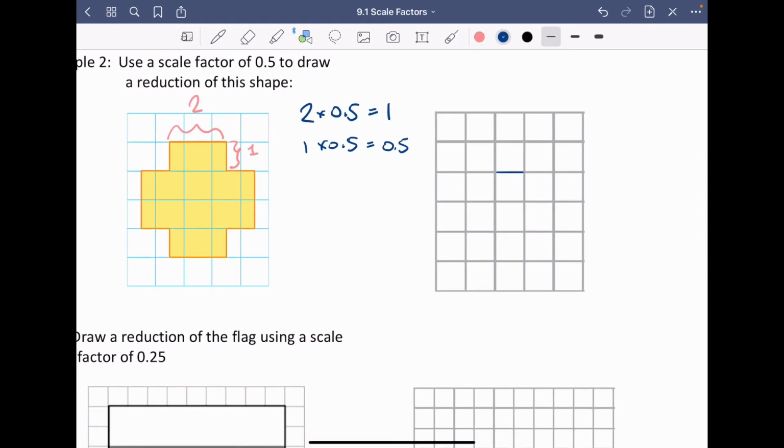So here, and then 0.5. And all the sides are the same. There are 2 units for each side, so I'm just going to draw that. 2 units reduced by a scale factor of 0.5 will be 1 unit. So around there.